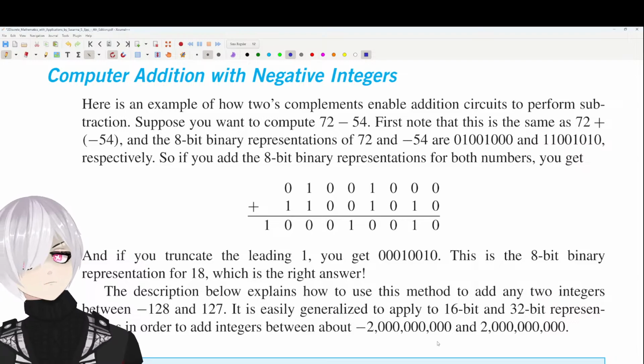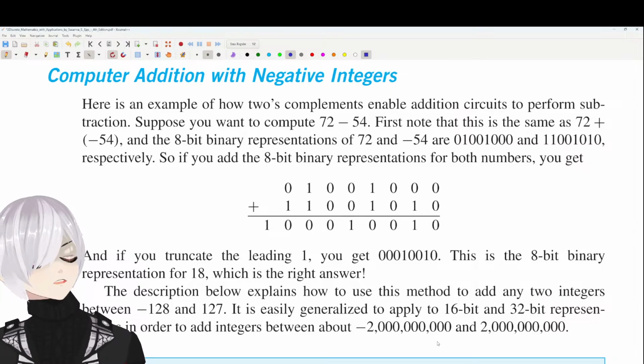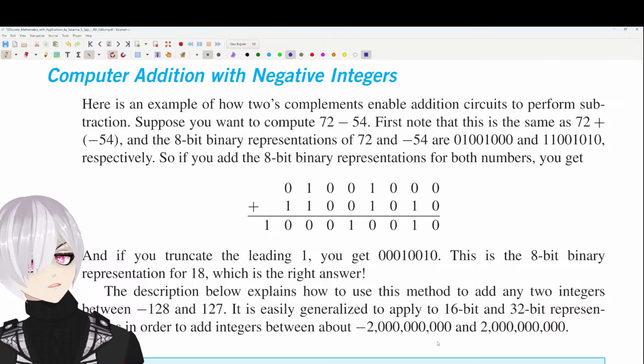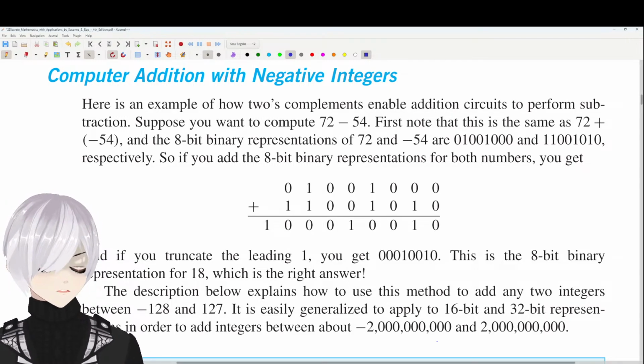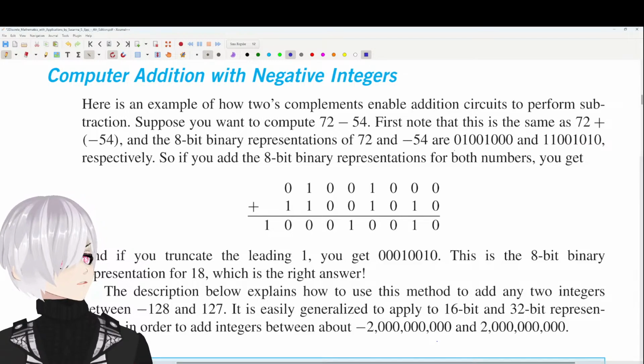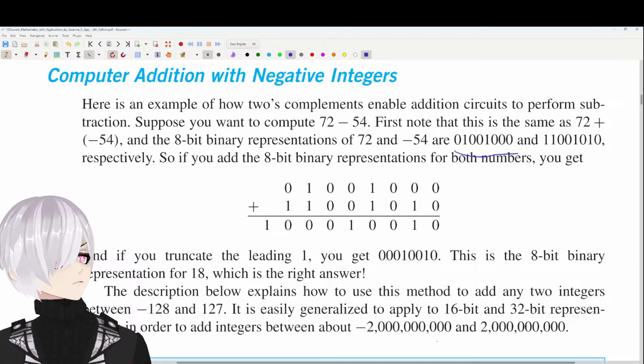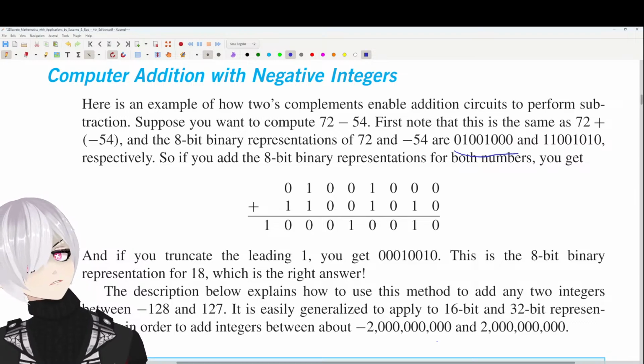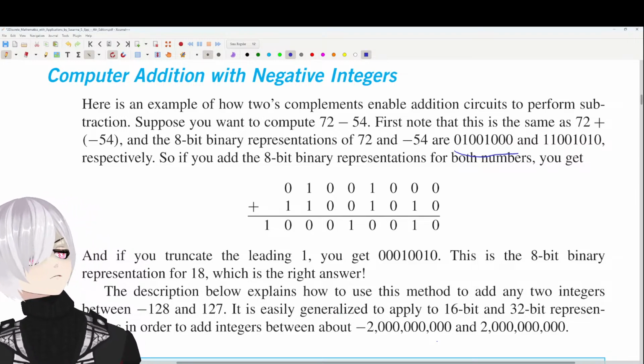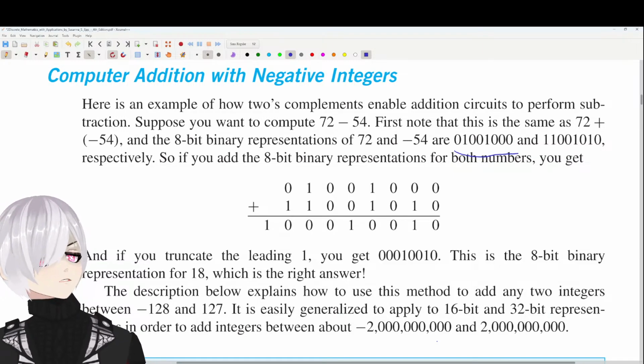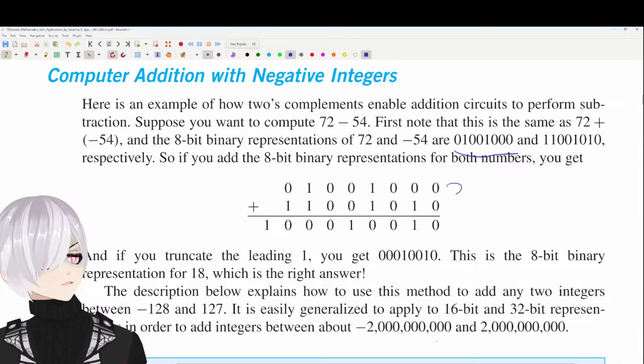The 8-bit binary representations of 72 and negative 54 are 0, 1, 0, 0, 1, 0, 0, 0, and 1, 1, 0, 0, 1, 0, 1, 0, respectively. So if you add the 8-bit binary representations for both numbers, you get 1, 0, 0, 0, 1, 0, 0, 1, 0.